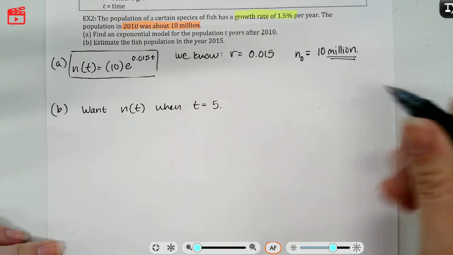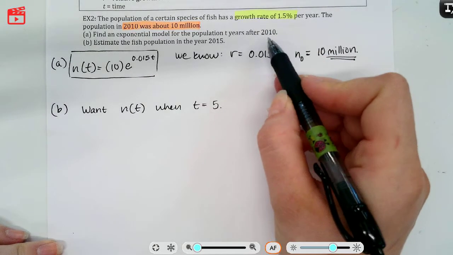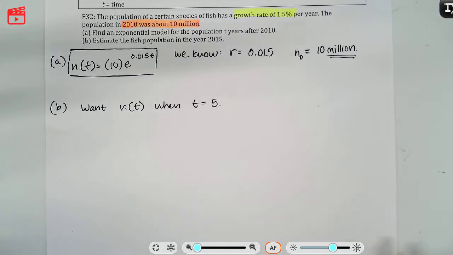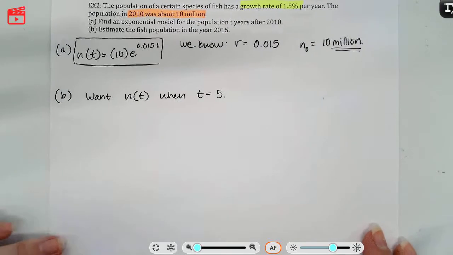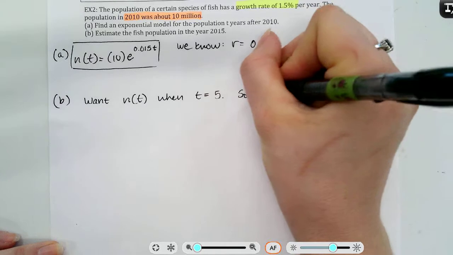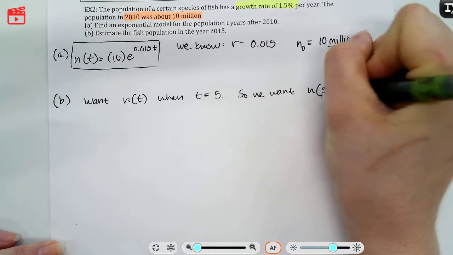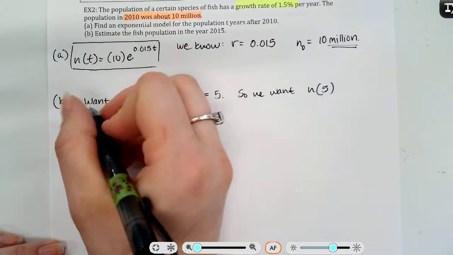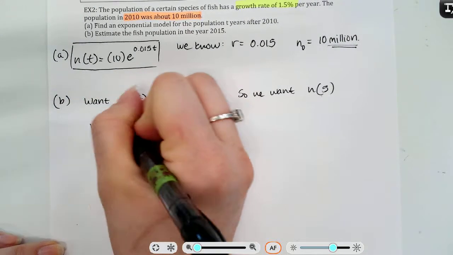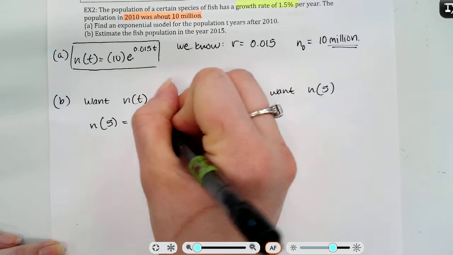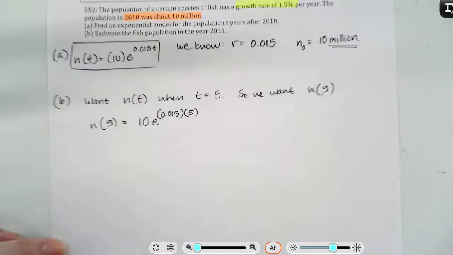All right, so careful, watch that. Make sure you're correctly counting how many years after your initial value. So in essence, we want n of 5. All right, let's use the formula that we got. That's going to be 10 times e to the 0.015 times 5.